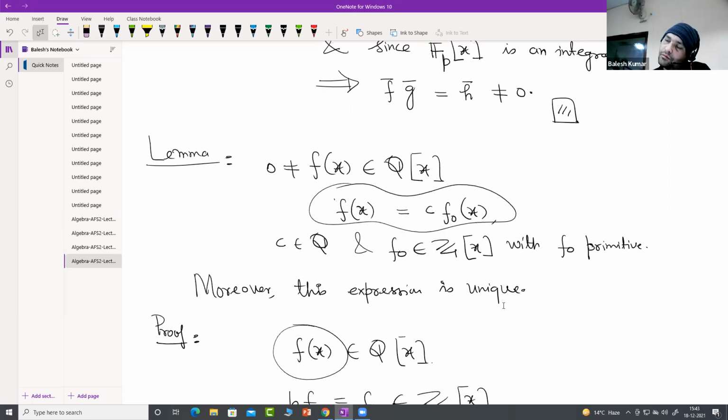Therefore, here we are trying to say that C is equal to D; in that case you might be able to say that C is equal to D up to units, and f0 is equal to g0 up to units. In general, like that, one can say it for any unique factorization domain.